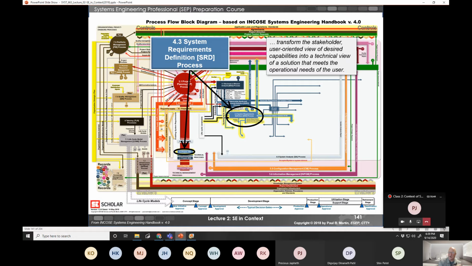After you do your stakeholder requirements, you have to transform that user-oriented view into a desired capability from a technical view of the solution that meets the operational need of the user. The stakeholders are saying, here are the functions I want. The system requirements take those functions and incorporate them into the real world.